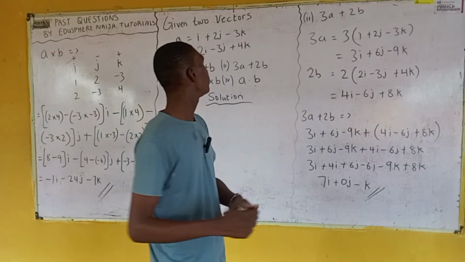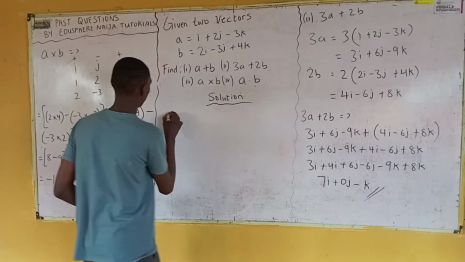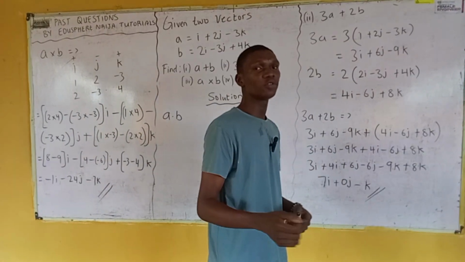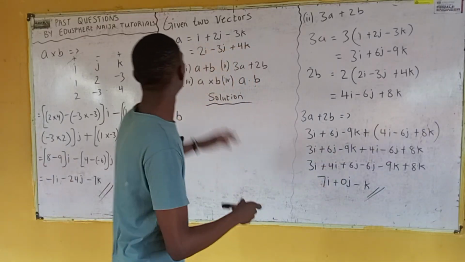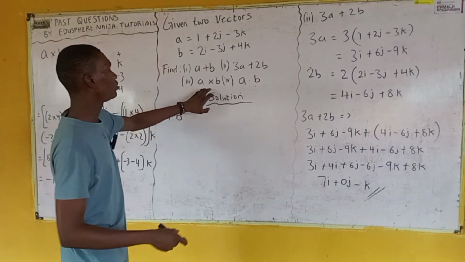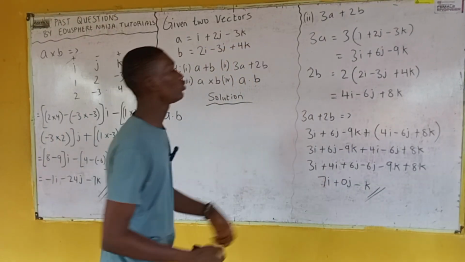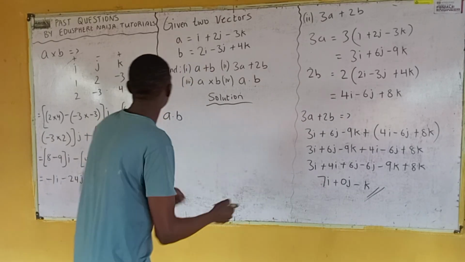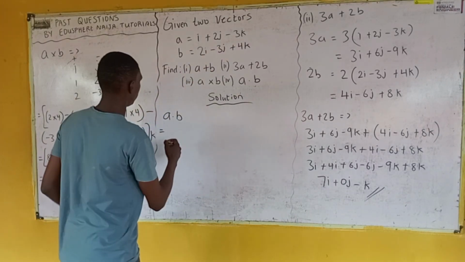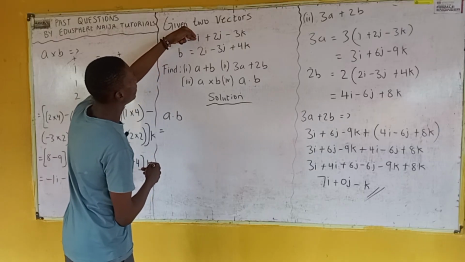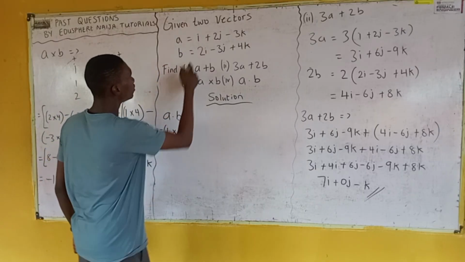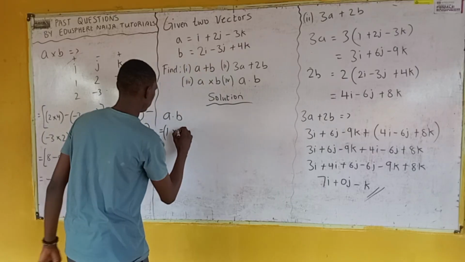So to solve the fourth question, which is a dot b. We have a dot product and a cross product. So a cross b here is the cross product, and we have a dot b also. a dot b is more like multiplying a and b together. So the coefficient of i here is 1, multiplied by the coefficient of i in b, which is 2.